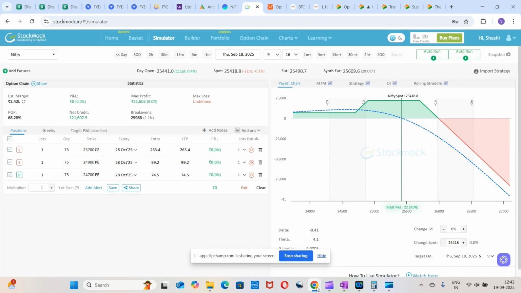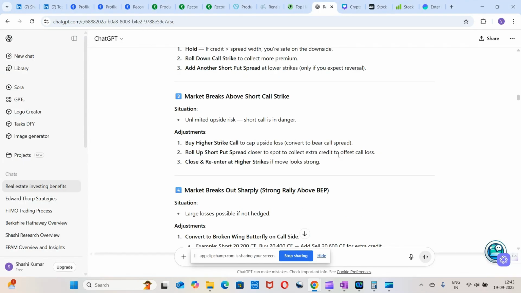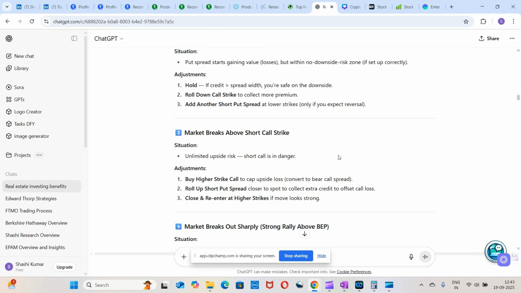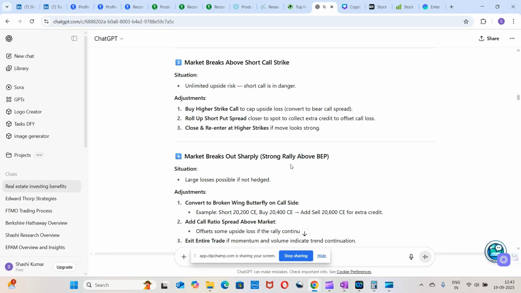The third scenario is the market breaks above the short call strike. Here there is an implied unlimited upside risk, so the short call is in danger. What you need to do is buy a higher strike call, or roll up the short put spread, or close and re-enter at higher strikes.